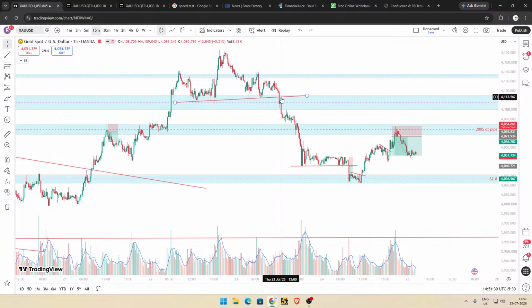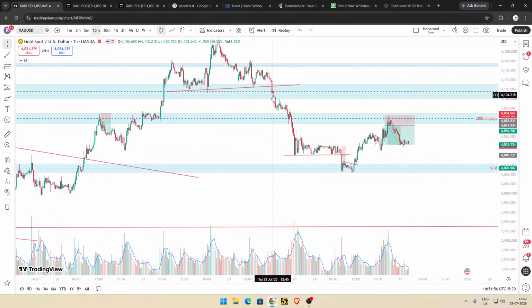If it is forming a very bullish candle, then you could have exited. If it is crossing this area, then you should exit immediately. But as it didn't cross, it just retested that area and then it fell. Your target was around this area, so it has touched that area.